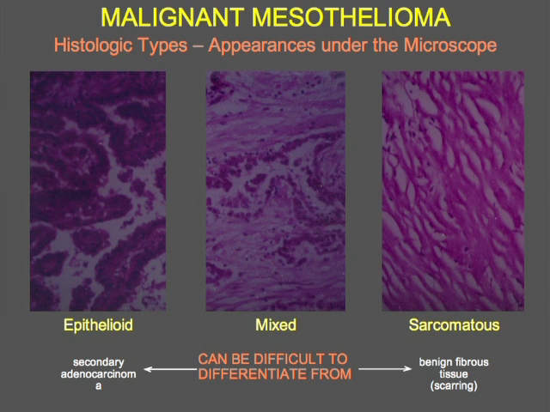The pure epithelioid tumors carry the best prognosis in terms of the effects of treatment. The sarcomatous, unfortunately, carry the worst prognosis, but these fortunately are the least common types. They're probably less than 10% of mesotheliomas. The mixed are the intermediate ones, and here the prognosis is also intermediate between the best and the worst.